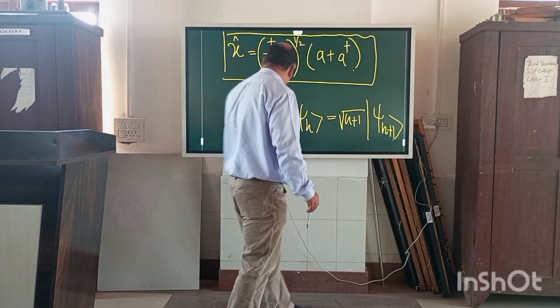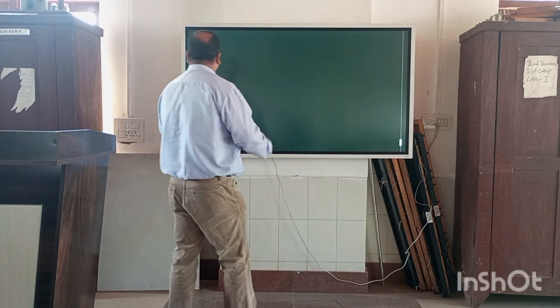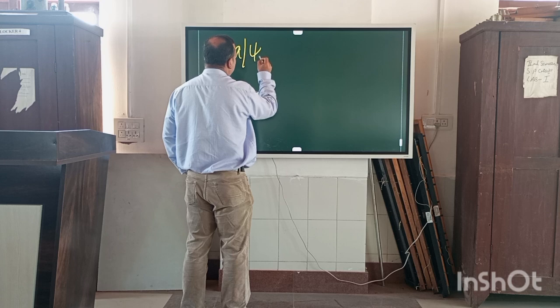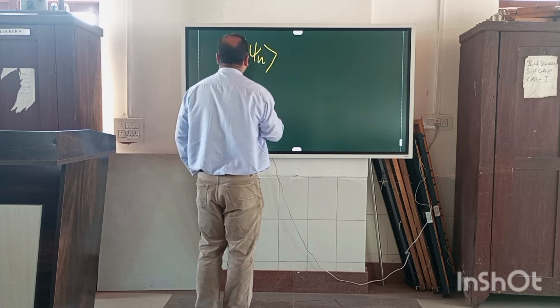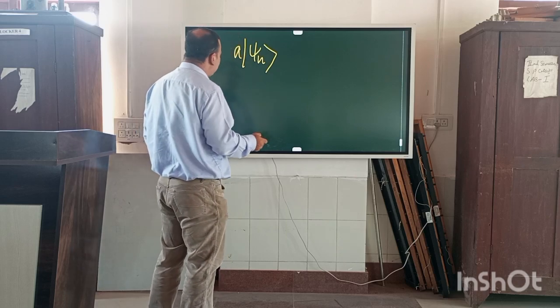Now, if I act my annihilation operator on the system, what will I get? I can think of using the annihilation operator on the state psi n. What it will do is take our state one step down.